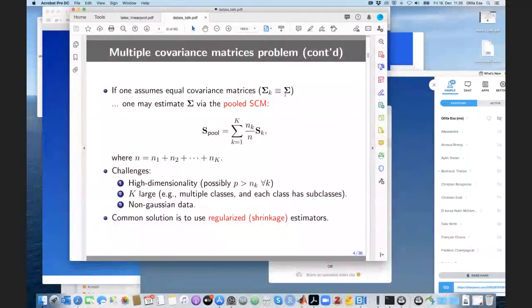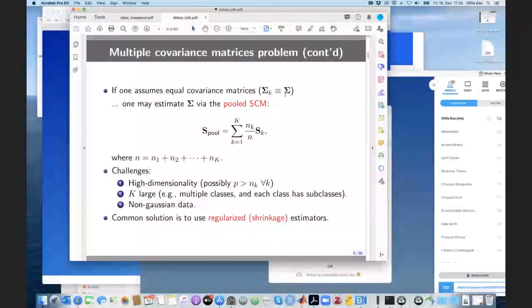In this talk, we are facing the challenges of very high dimensions. P is the number of variables in each population, and we may end up having cases where the dimensionality is larger than the sample size. Or we can also have problems where we have many populations, and there are some applications where this may happen.